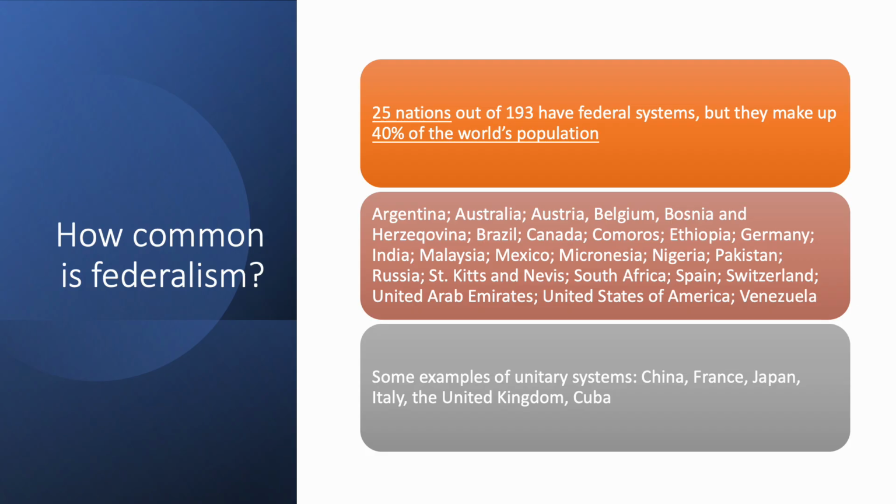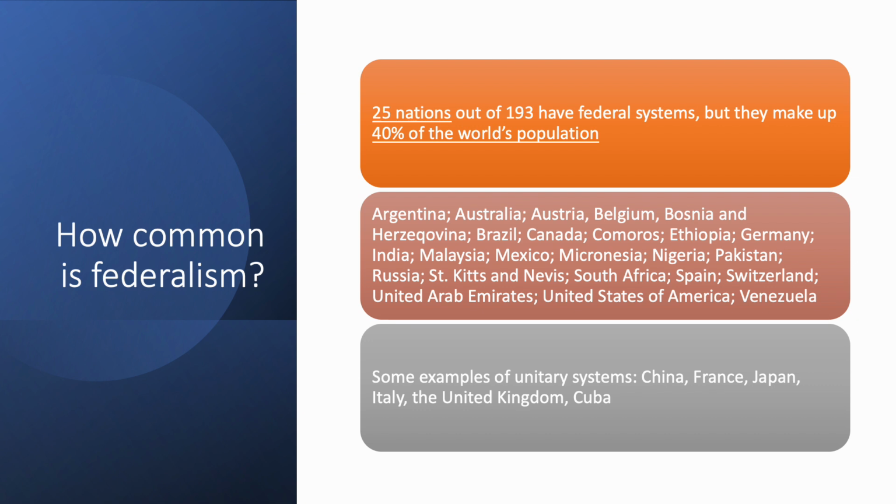How common is federalism? Well, we have about 193 nations, maybe a few more, in the world. Only about 25 of them have systems of federalism. However, it's 40% of the world's population. And if you look at them, they include some of the most important, powerful, and populated nations in the world, and some of the best and strongest economic systems, such as Argentina, Australia, Austria, Belgium, Brazil, Canada, Germany, India, obviously an enormous nation, Mexico, and on, and the USA.